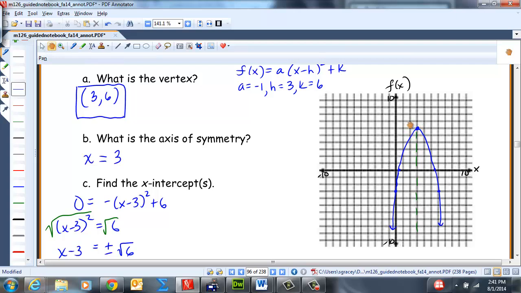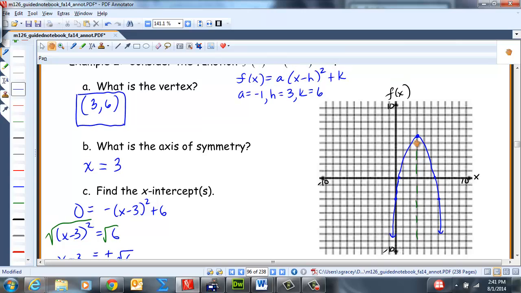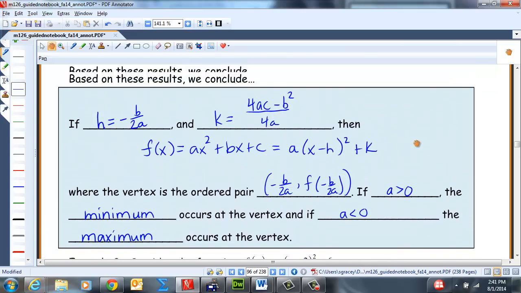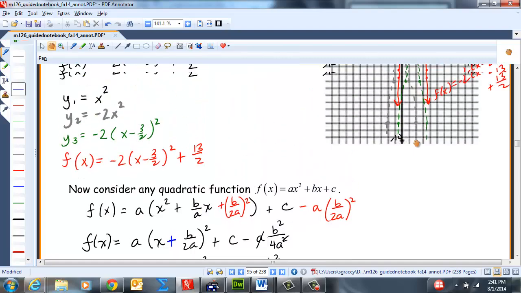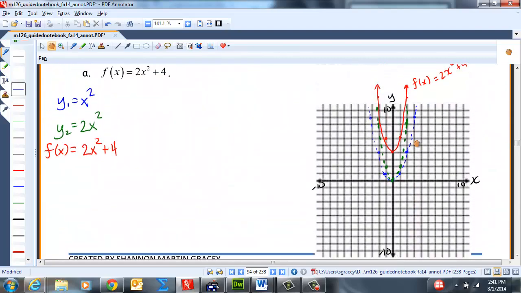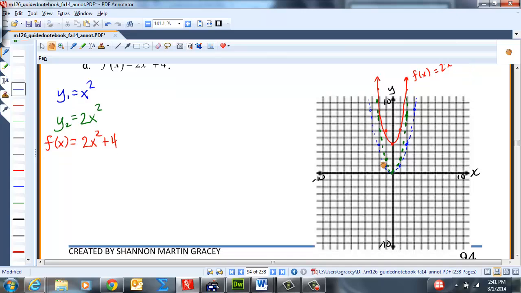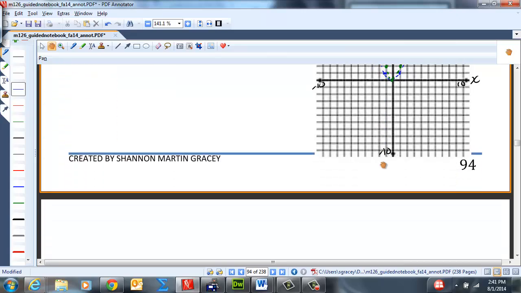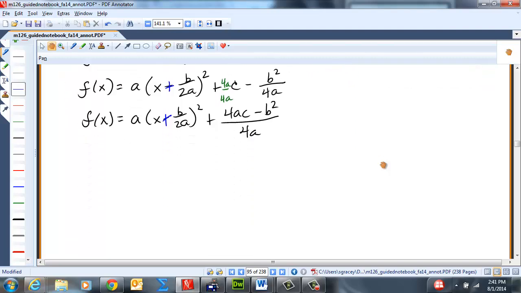The vertex is the largest y value, largest function value you attain throughout the whole domain. So it's very important. It's very useful. And then this guy here, our vertex was the lowest value you attain. It was a minimum point, and you see that it opens upward. Okay, so that's something we'll be looking at.